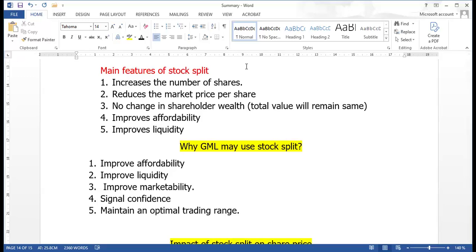But also the confidence depends on how the market interprets the split. All these things you're talking about, the advantages and all that, will really depend on how the investors interpret the split, as I told you about share repurchase.